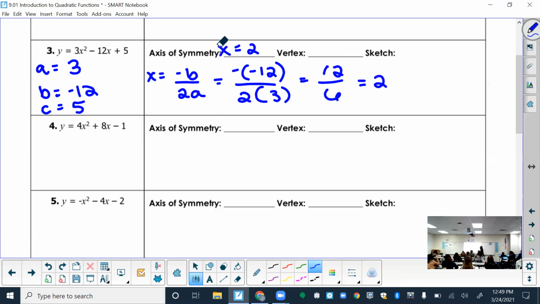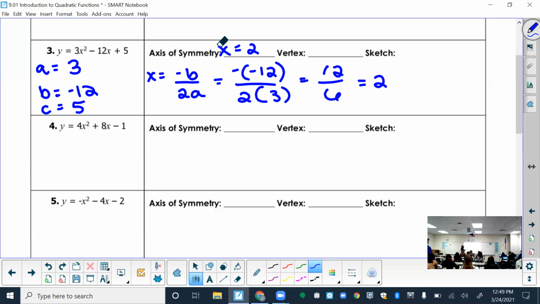And it needs to be a positive 2. So essentially, what this negative b is doing in this formula for axis of symmetry is making it opposite of whatever sign it is in your given equation. All right, so if it started out as negative, it's going to flip to positive. Make sense?